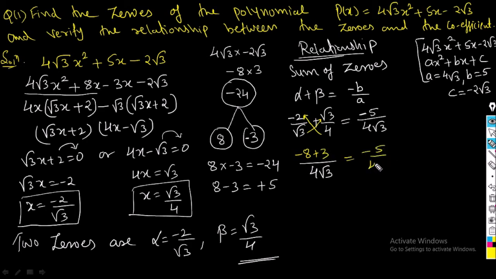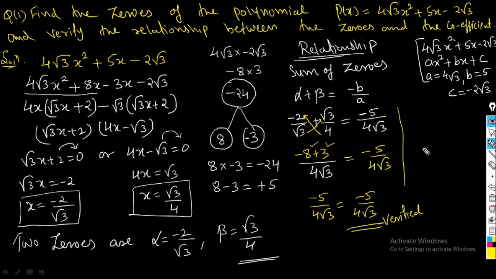Minus 5 by 4 root 3 is as it is. If you simplify, minus 8 plus 3 is minus 5 divided by 4 root 3, which is equal to minus 5 divided by 4 root 3. So I have verified the first relationship, the sum of zeros.